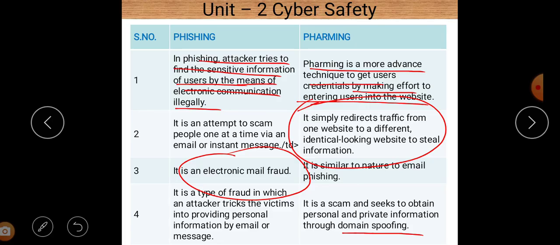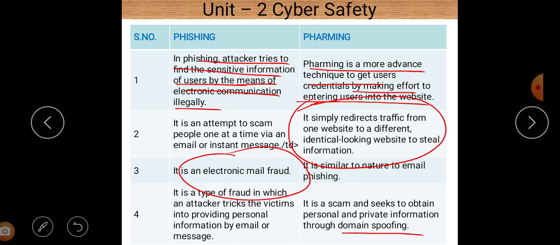So that is called spoofing. In the case of domain spoofing, basically attackers trick the web browser into communicating with a different web server than the user intended. So that is domain spoofing.